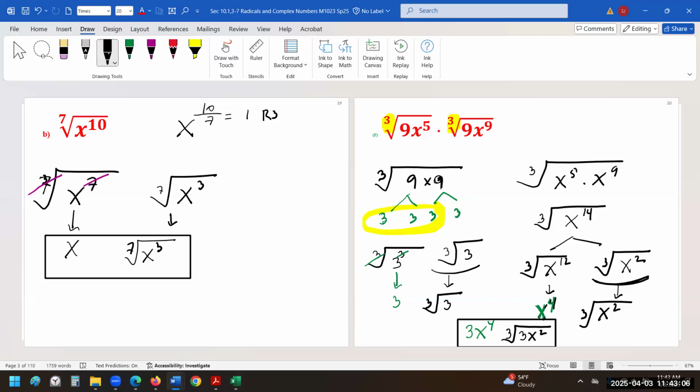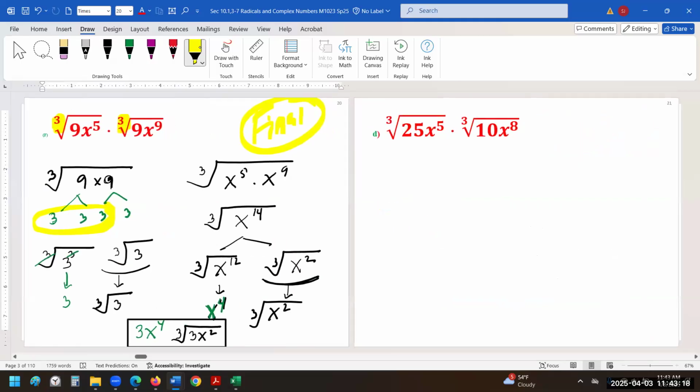And guess what? These are finalizing questions. In the final exam, you need to do multiplication. So try more. And for some reason, they actually love cube roots.